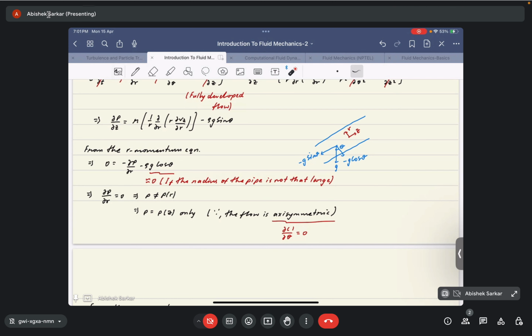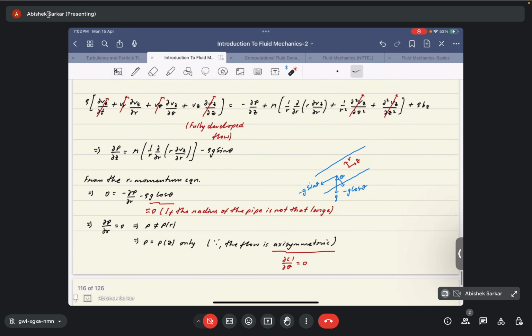Okay, apologies for the delay. So now, as I was mentioning, since p is only a function of z, this partial derivative can be converted into a complete derivative, right? So it will become dp by dz. Again from the z momentum equation we get to know that vz is not a function of z because of the fully developed condition, and vz is not a function of theta because of the axisymmetric condition.